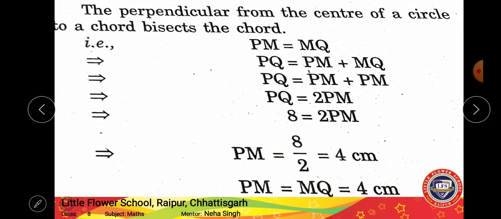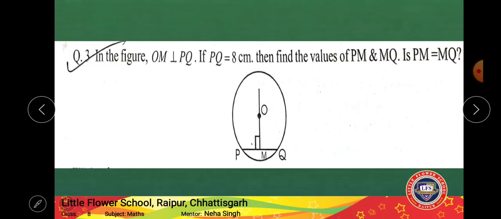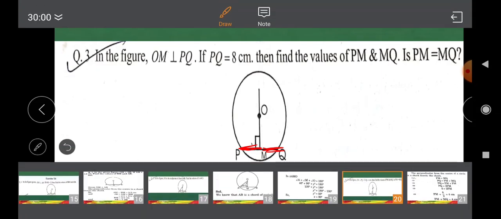Yes, we know this point. In the last question also we have done this, right? PM equals MQ. In the first question also we have written that the line OM bisects the chord. So PM equals MQ, right?